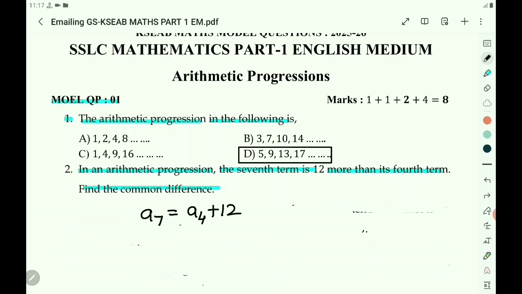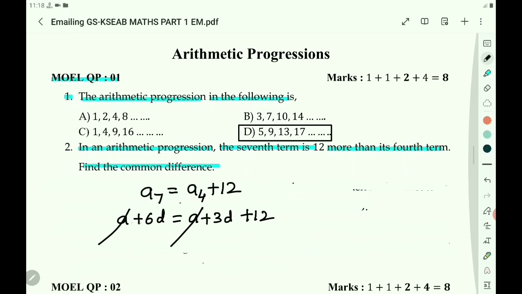So A7 is A plus 6D equals A4 is A plus 3D, then plus 12. You can cancel this A and A. One A is in the LHS and the other A is in the RHS.